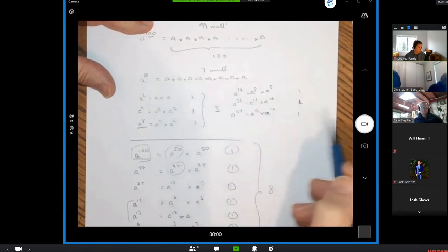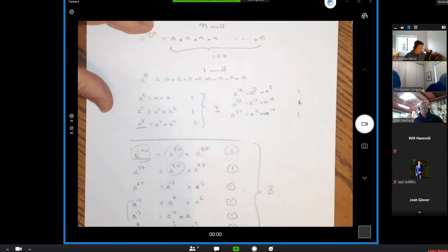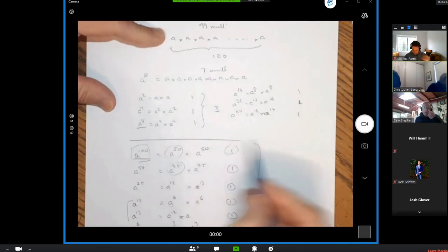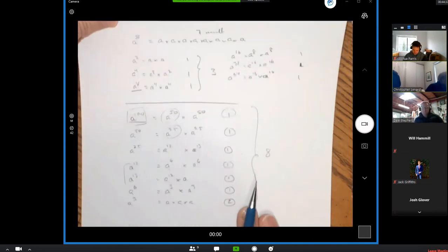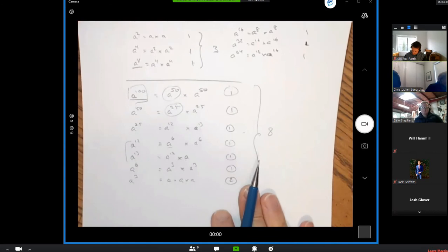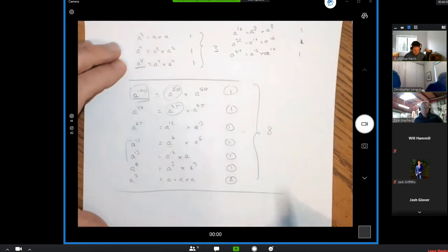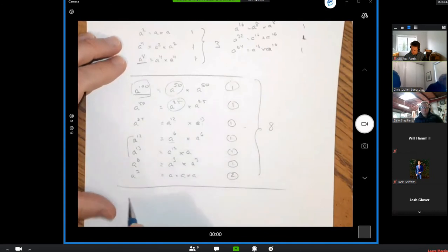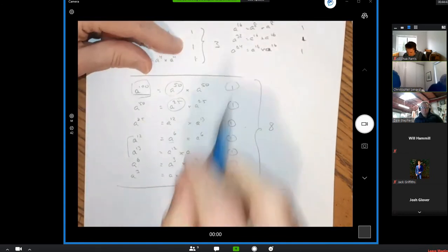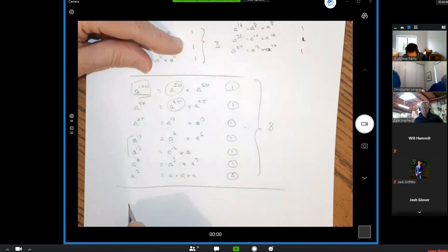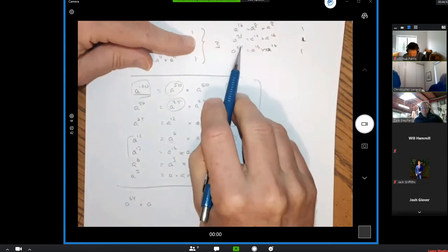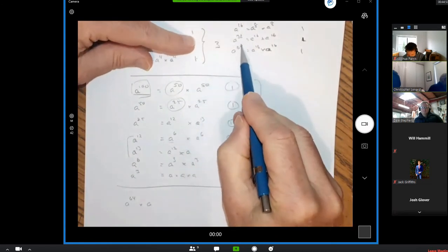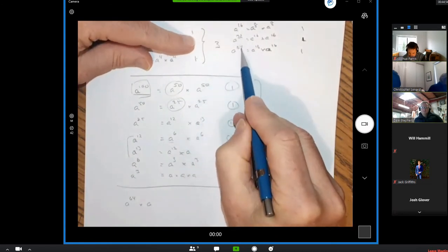And the idea then would be, let's see, I think I've got just enough room down the bottom. So maybe I could do something like this. A to the 64 times a to the, well, if I multiply by a to the 32, what would I get? 64 plus 32 is 96.